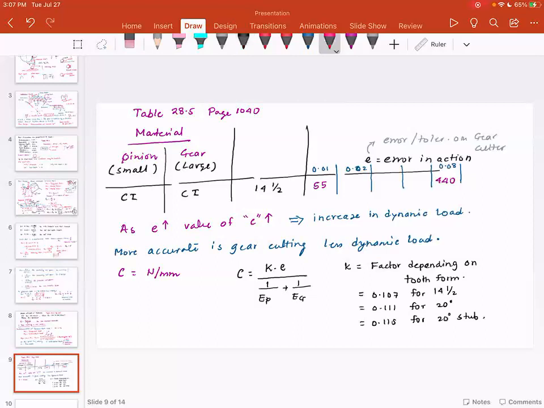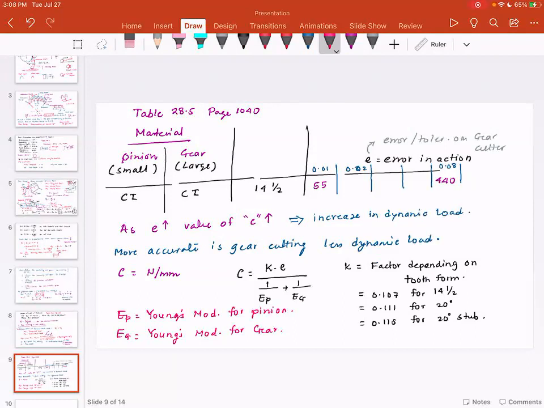EP is the Young's modulus for the pinion. And EG is the Young's modulus for the gear.